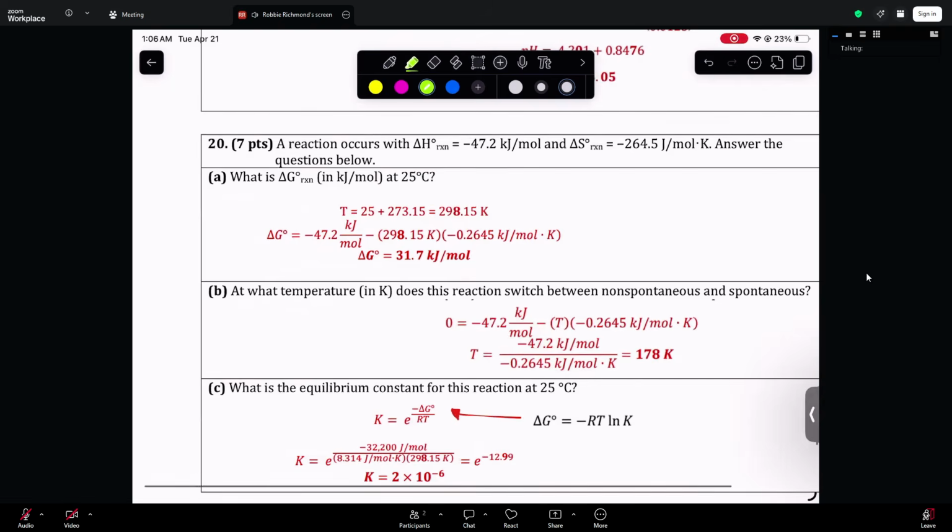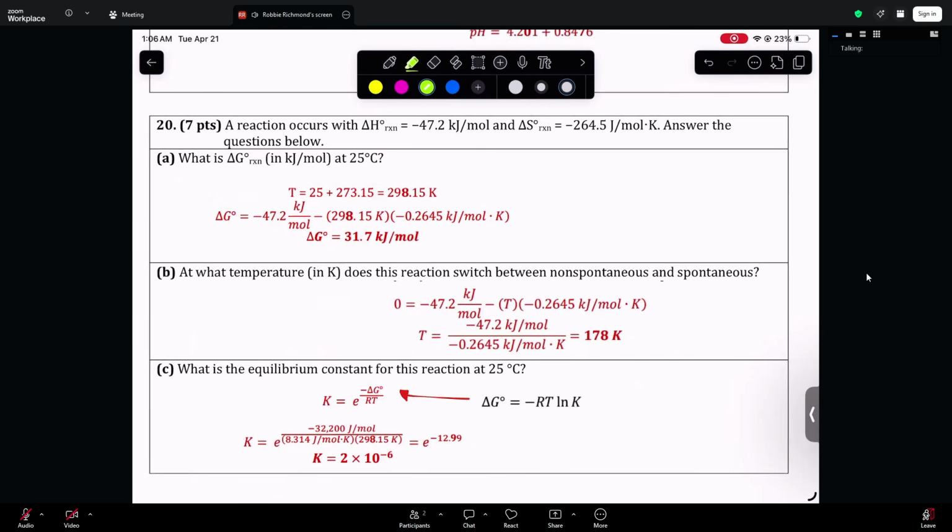And then very similarly to question A, at what temperature does this reaction switch between non-spontaneous and spontaneous? It's just language saying, what is the temperature when delta G equals 0?